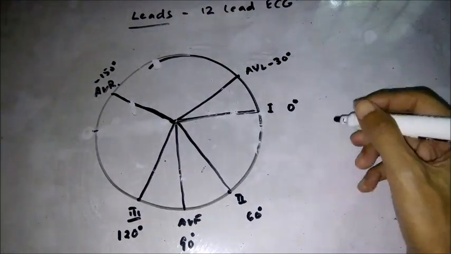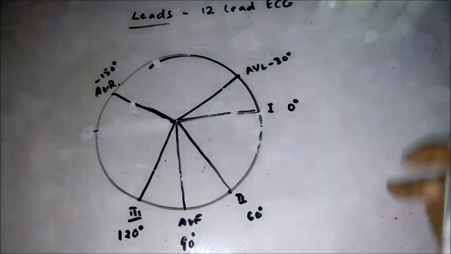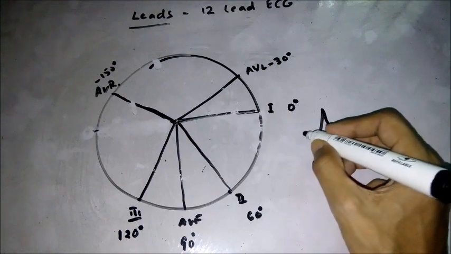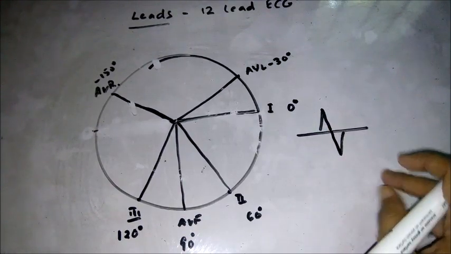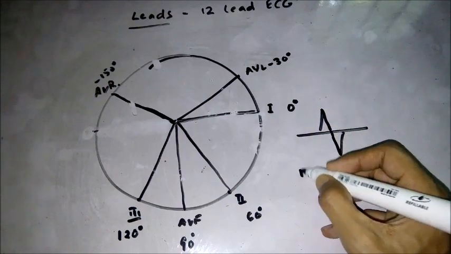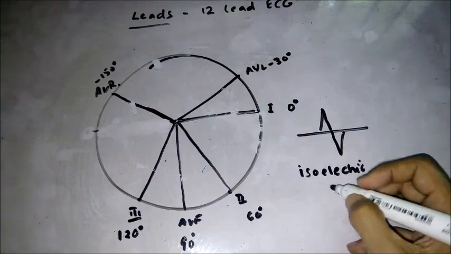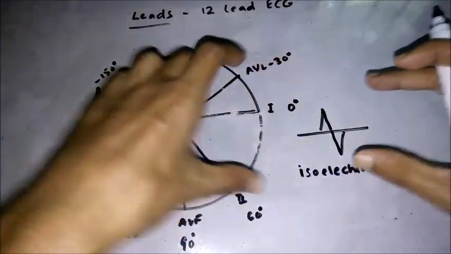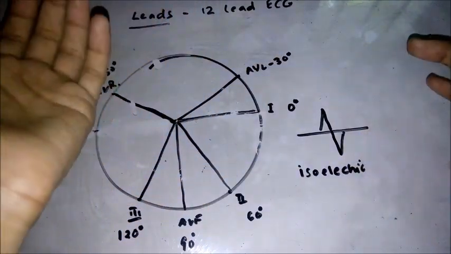Isoelectric means a lead which has equal amounts of its QRS complex above the axis and equal amounts below the axis. The upper part and the lower part, if they are equal, we call this an isoelectric wave. So you have to look at the lead which is most isoelectric.